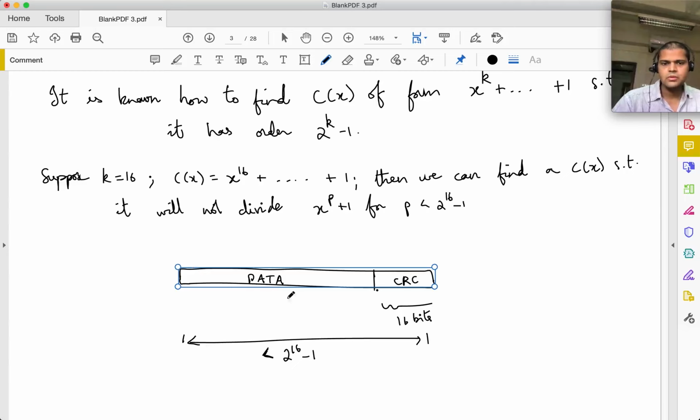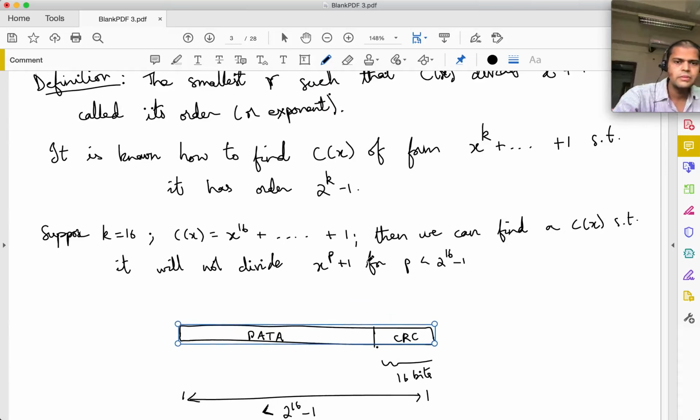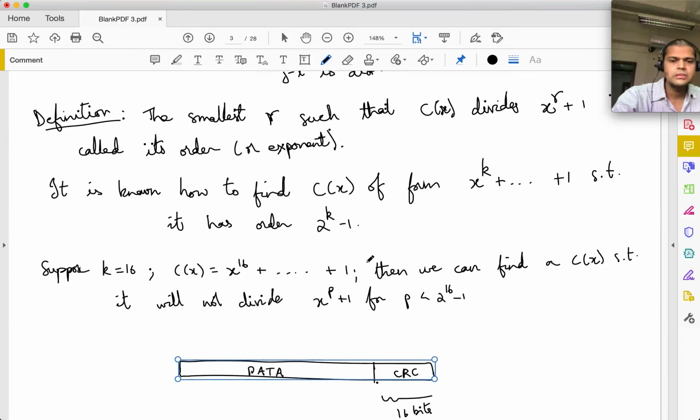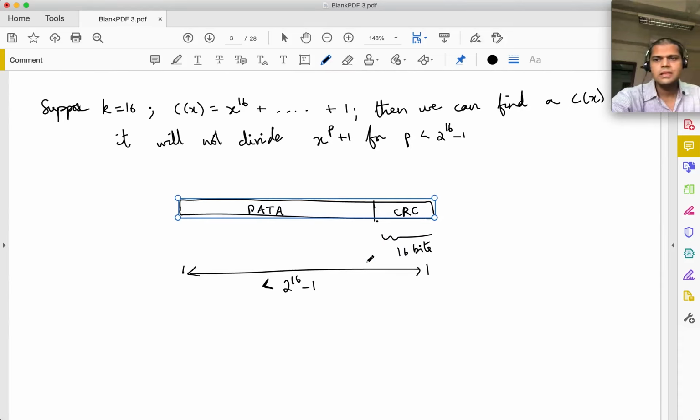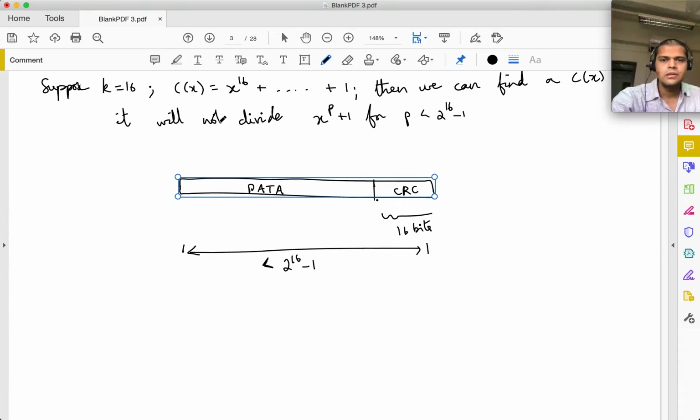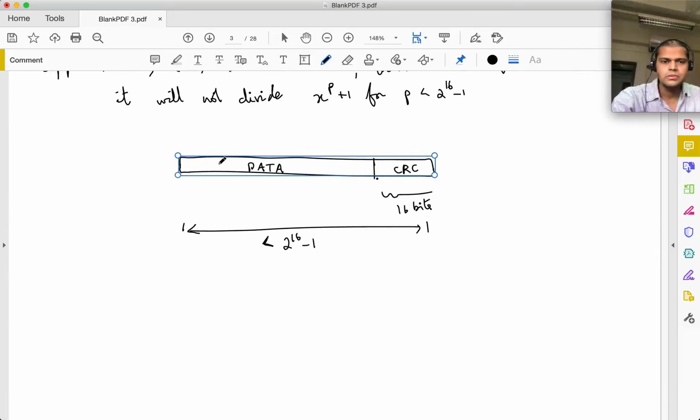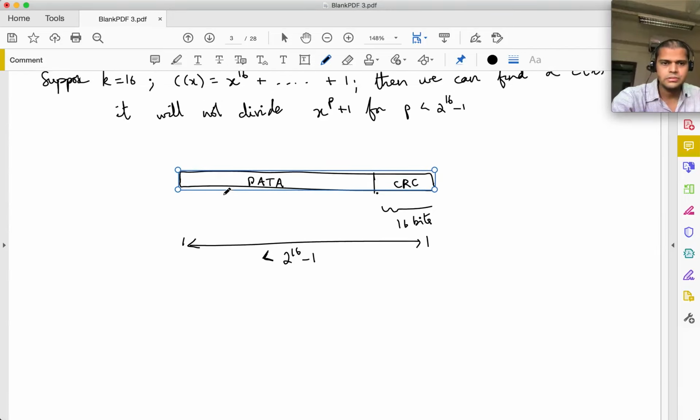As long as your overall code word is smaller than that maximum distance, you're going to be able to detect any 2-bit errors which might occur. So we are in business. We know how to detect single-bit errors, and our friends the mathematicians can pull out some generator or divisor polynomial c of x which will detect 2-bit errors, which is good enough for our practical purposes.